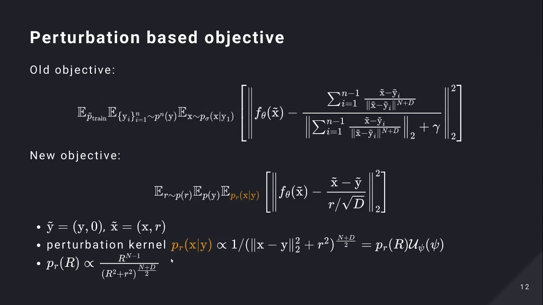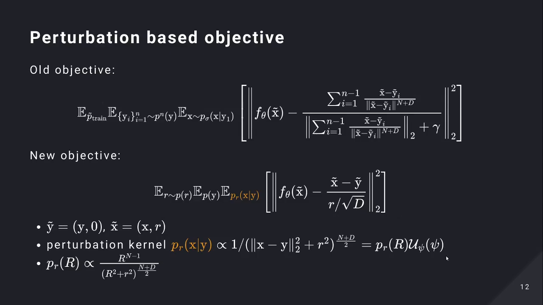The main thing missing here is the perturbation kernel, where you make it proportional to this thing. One of the main results of the paper is that when your perturbation kernel is proportional to this term, the minimizer of this does give you the actual field you're trying to approximate.